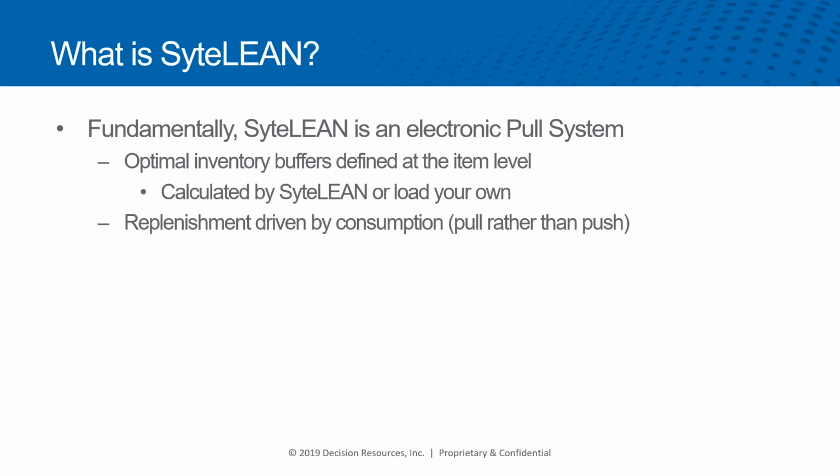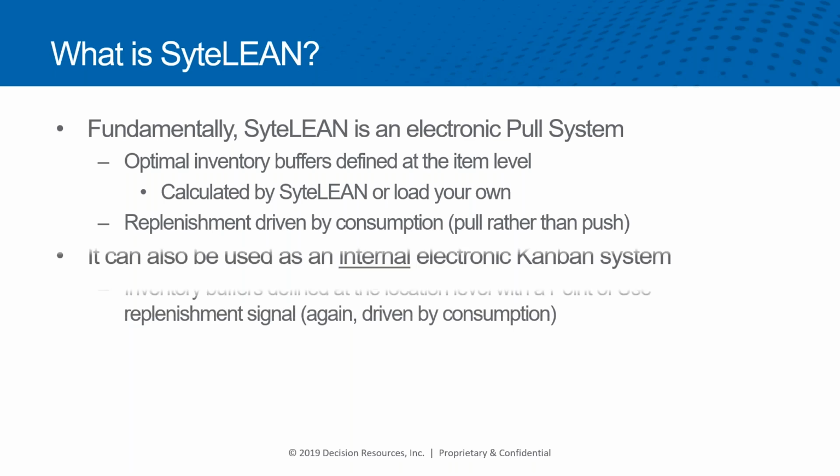With any pull system, the signal to replenish is going to be driven by consumption, right? It can also be used as an internal Kanban system, and let me explain what I meant there. We replenish the entire system, all of your non-dedicated warehouses, with SyteLEAN through purchasing or manufacturing the same way MRP or APS does.